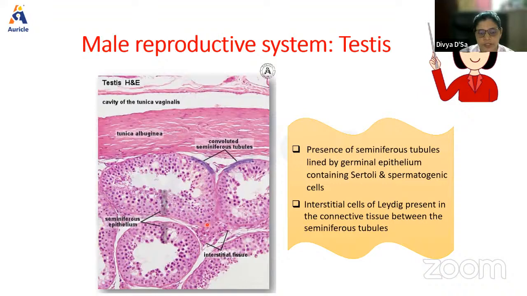The seminiferous tubules have 2 types of cells: the Sertoli cells and the different stages of development of spermatogenesis, okay? So you need to show that. Sertoli cells are basically supporting and nutrient cells. Between the seminiferous tubules, we'll see the interstitial cells of Leydig.